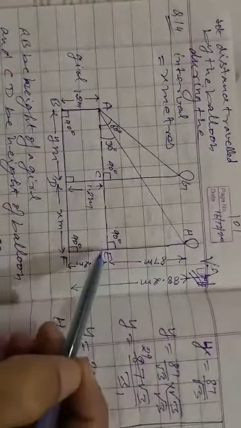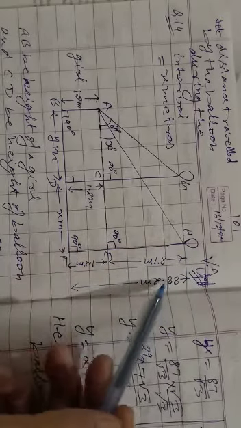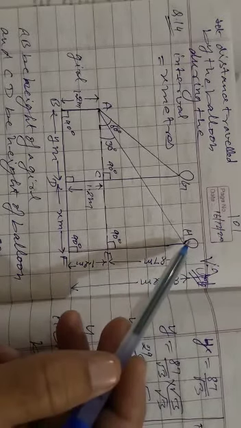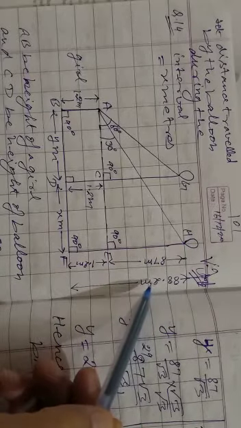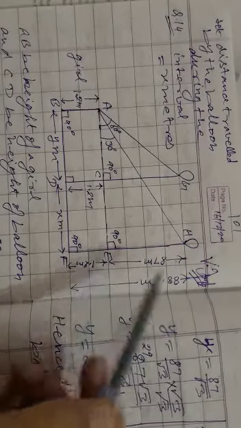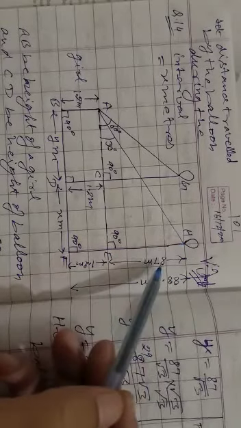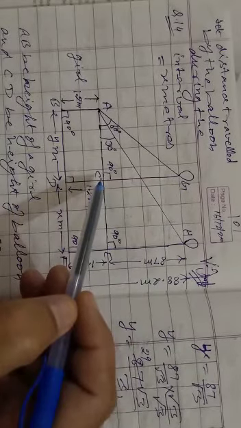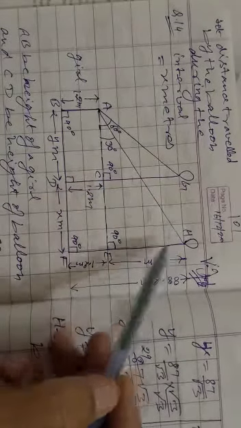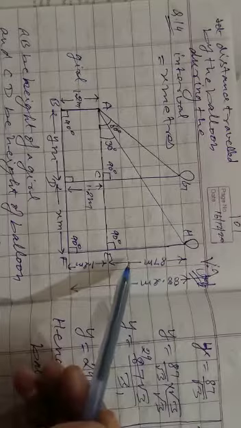Now EF is 1.2 meter, HF is 88.2 meter. Now find HE. HE equal to 88.2 meter minus 1.2 meter, we get 87 meter. GC equal to 87 meter. HE equal to GC equal to 87 meter.